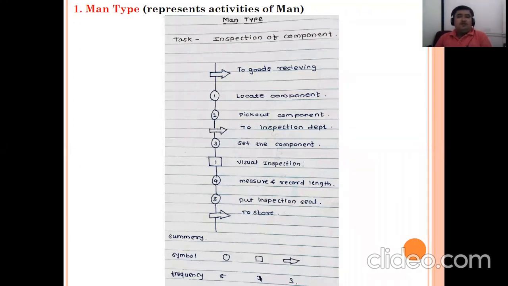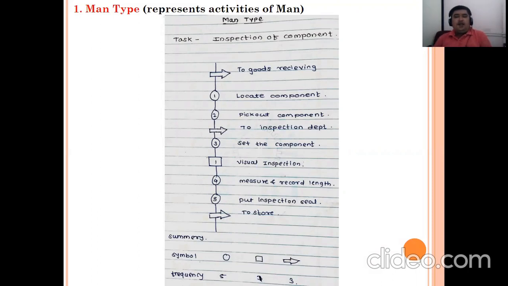As we reach the inspection table, immediately he is receiving the goods. Goods receiving means somebody from the store, or a worker with finished products from some machine, comes with those products and provides you the products.